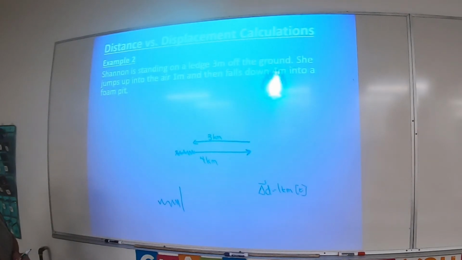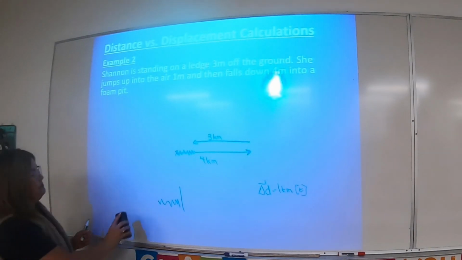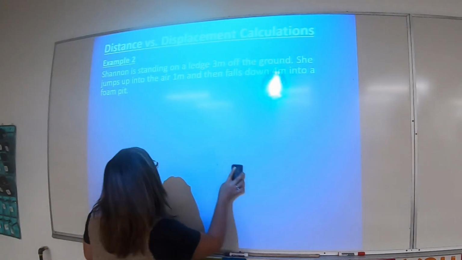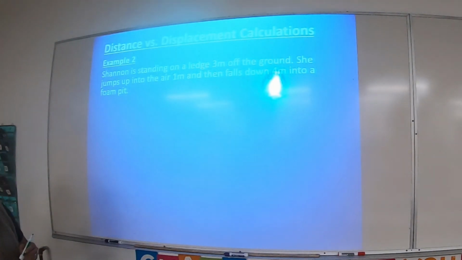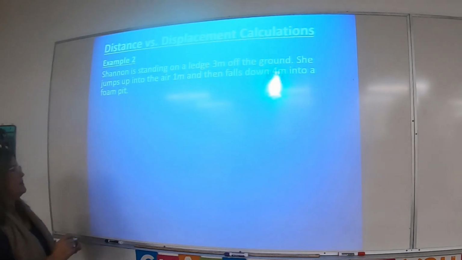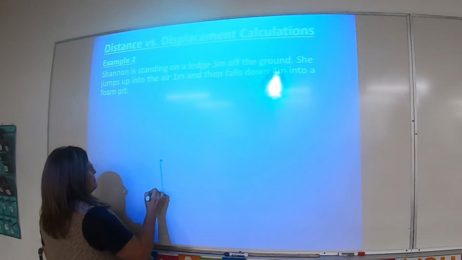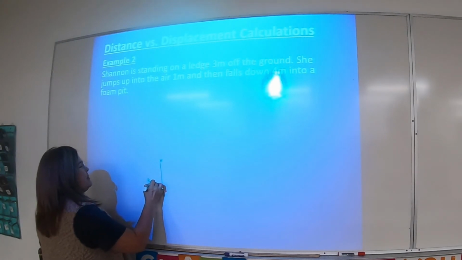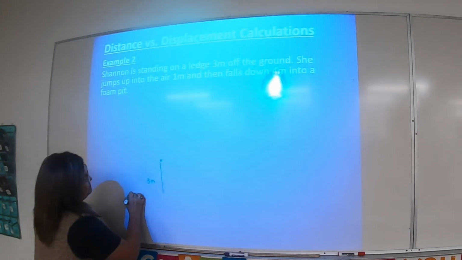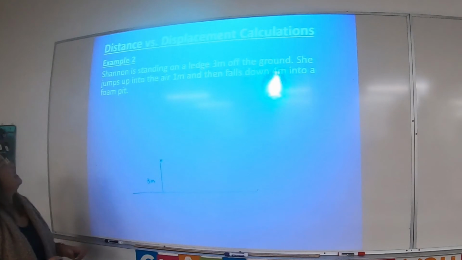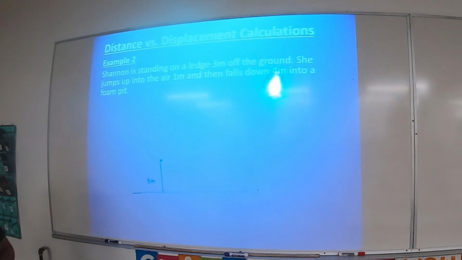Okay, let's try another one here. Shannon is standing on a ledge 3 meters off the ground. So here she is right there, and it is 3 meters off the ground. She jumps up into the air 1 meter high.